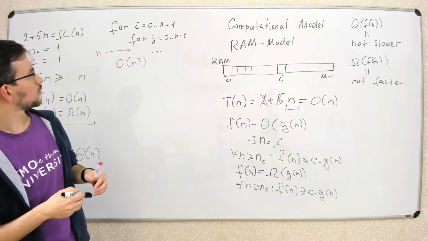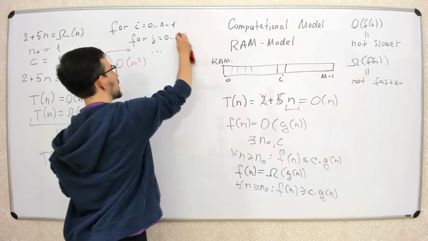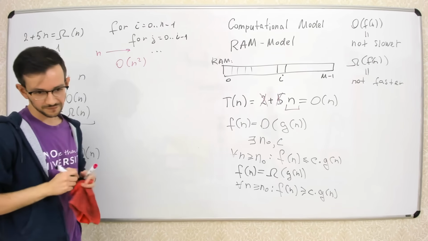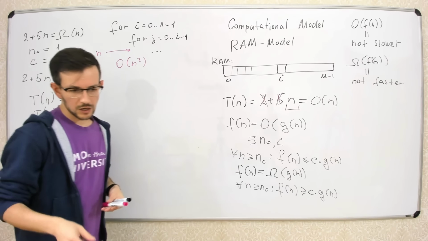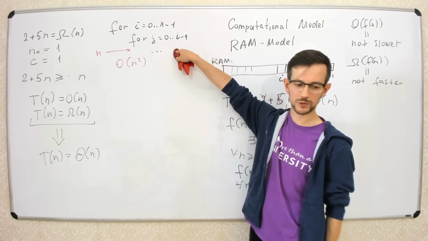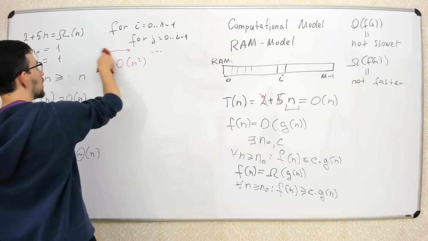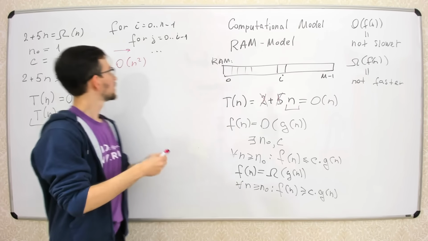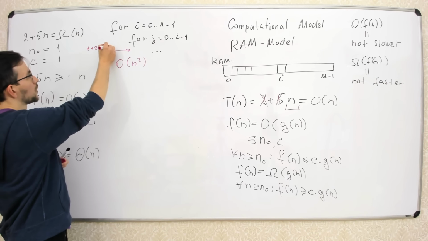If you have something more complicated, let's say we have not to n minus 1 but to i minus 1 here. If you have something like this, we can just calculate the number of times we execute this line. So on the first iteration it is executed once, then 2 times, and so on. So the number of times you execute this line is like 1 plus 2 plus and so on plus n minus 1.